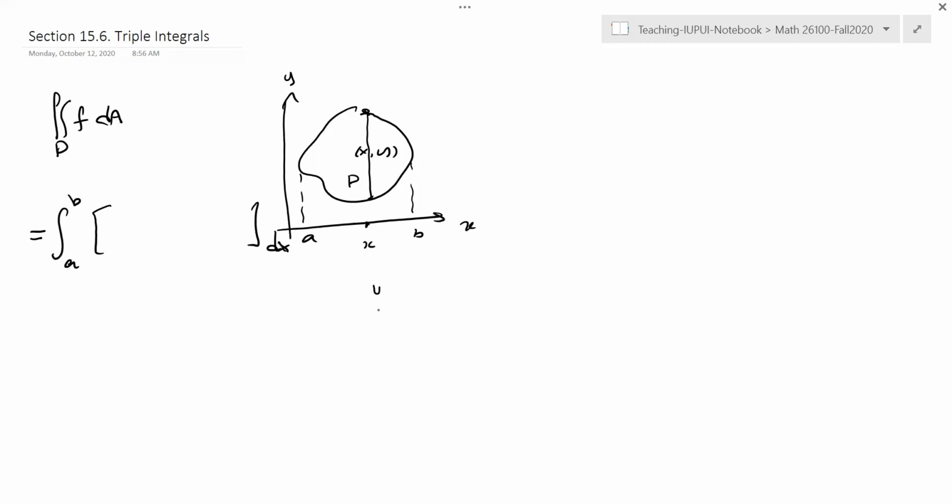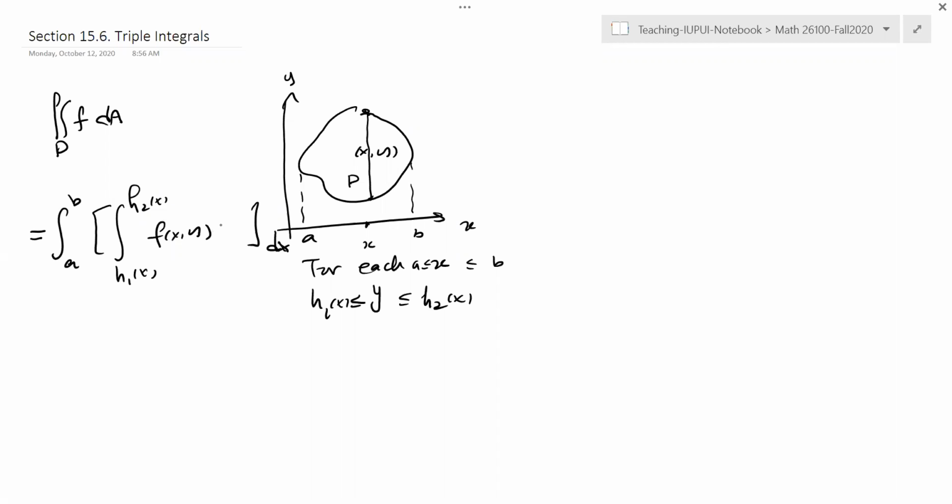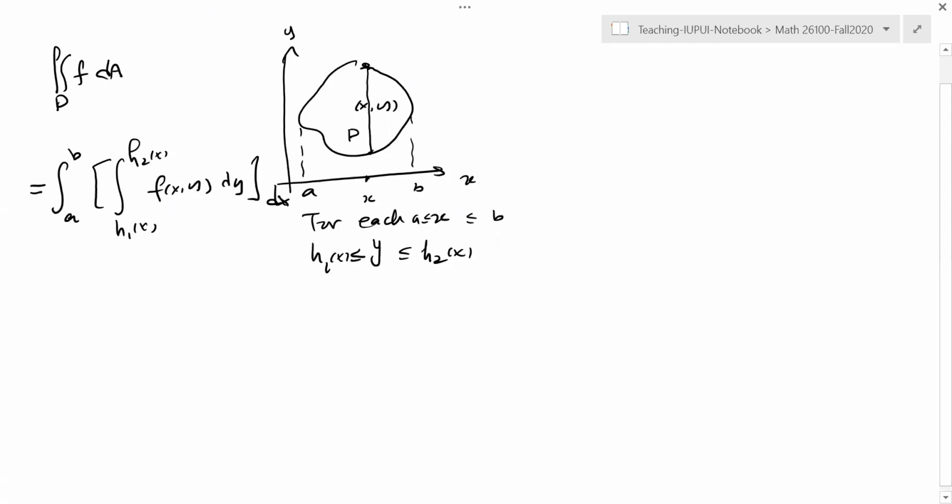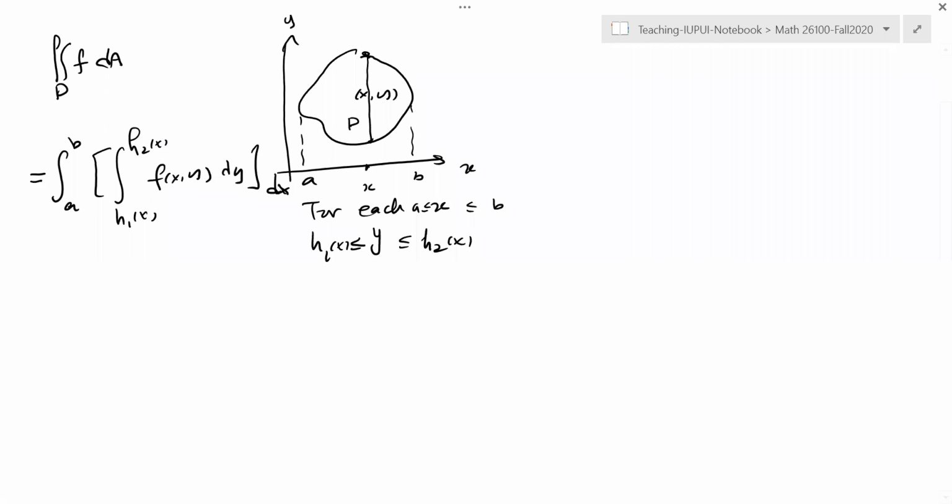The y variable has a lower bound that depends on x, let's say h1(x), and an upper bound h2(x). For each x between a and b, you have the lower bound, then the upper bound, and this is a function, dy. Now, this is how we set up the integral.